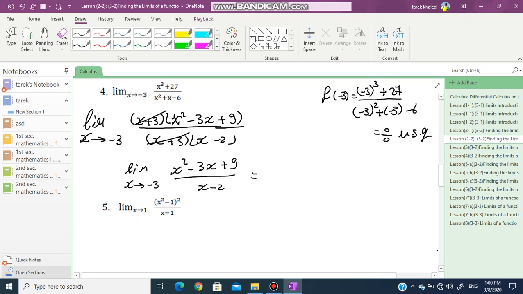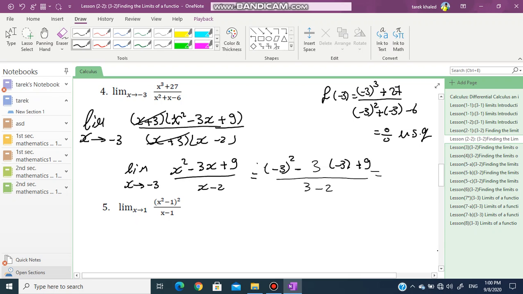By substituting x equals negative 3: (-3)^2 minus 3 times negative 3, plus 9, over negative 3 minus 2.